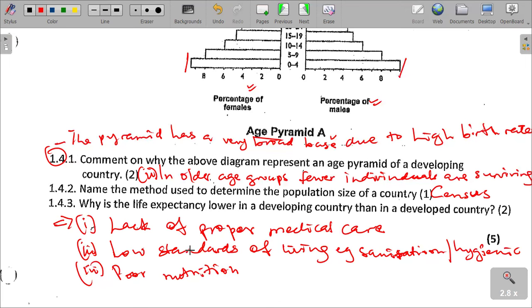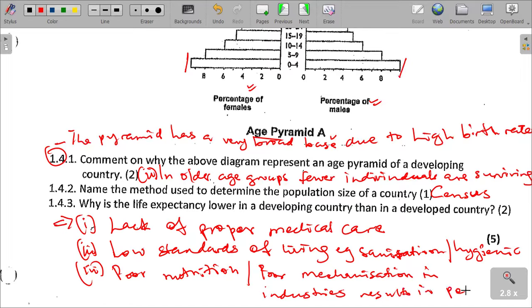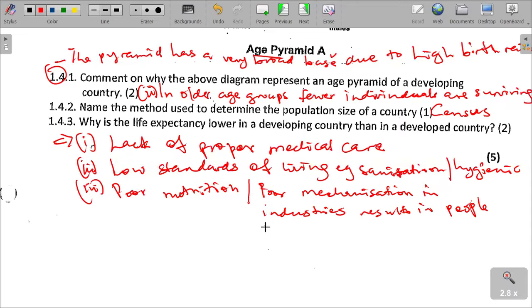And I've given another example, such as poor mechanization in industries. It results in people doing too much heavy work and working under bad conditions, which might cause them to die early as well.